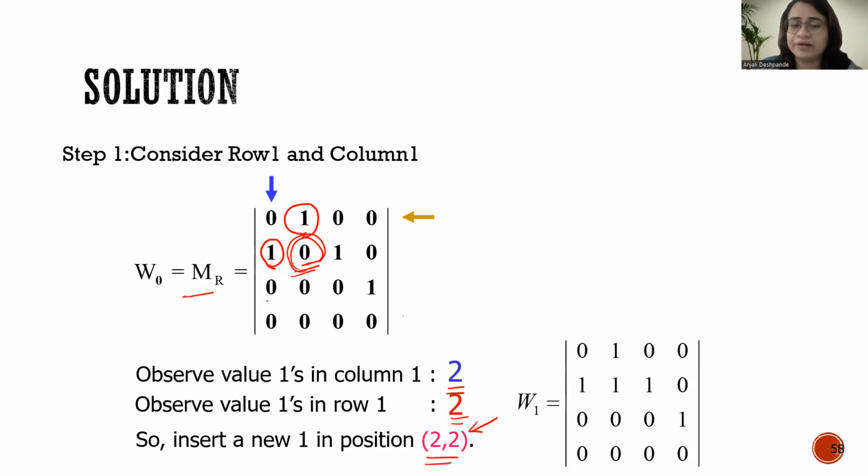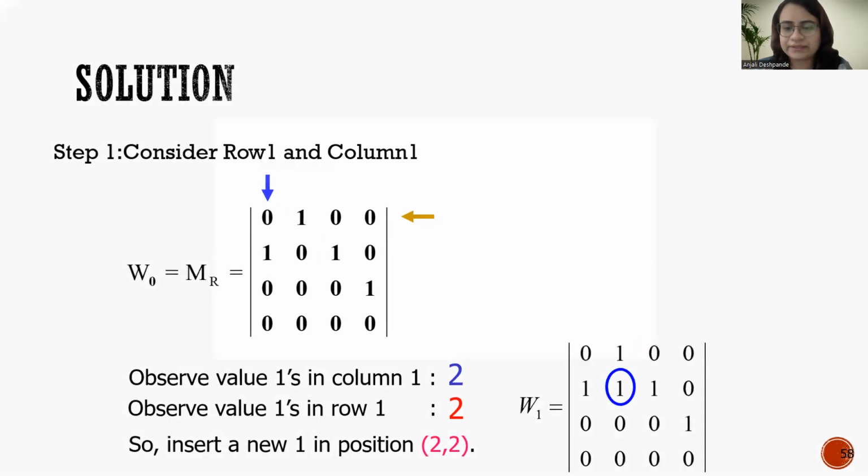If it is not already 1, then you will get the new matrix W1, which will have 1 in that particular position. Okay. So a very important thing to note here is that you first take the position of 1 in column and then take the position of 1 in row. Okay. Then now you obtain W1.